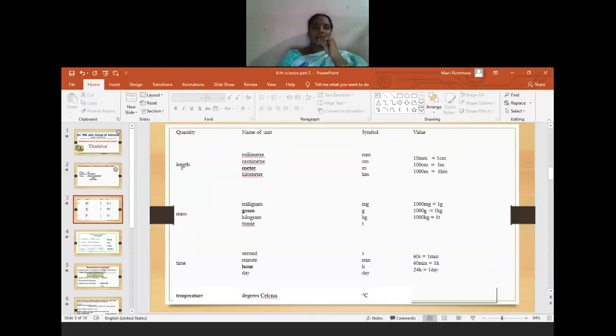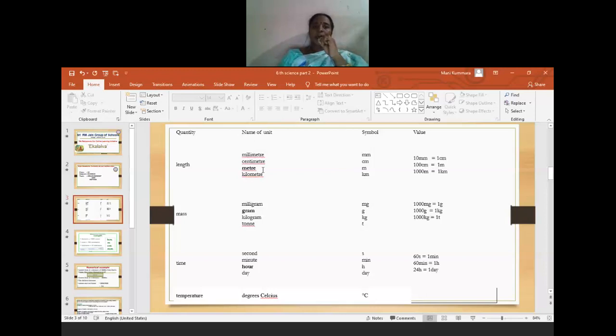Quantity, length. Millimeter is represented as mm, and 10 millimeter is equal to 1 centimeter. Centimeter is represented as cm. 100 centimeter is equal to 1 meter.